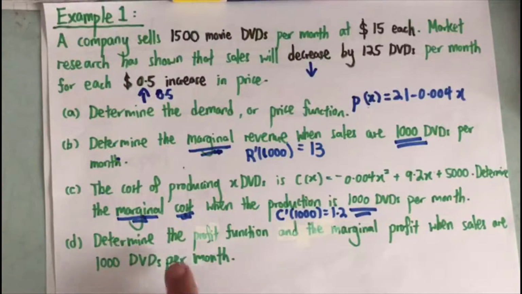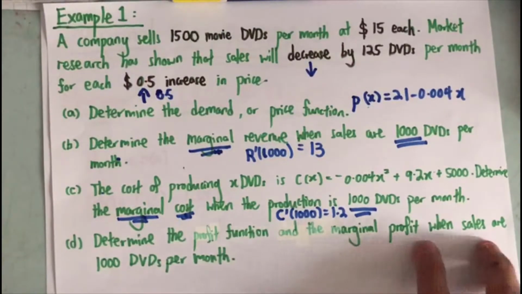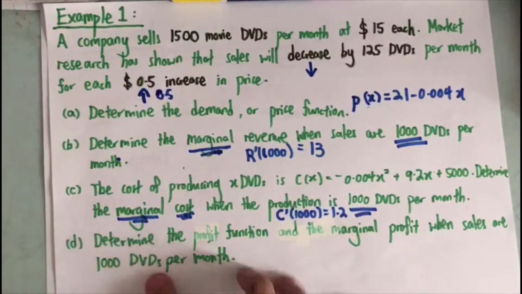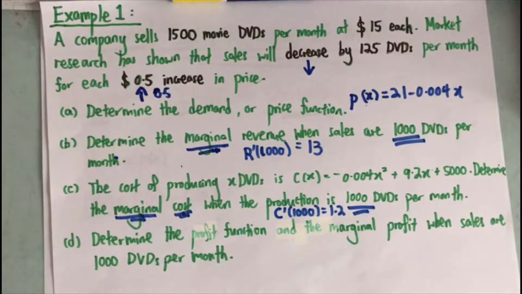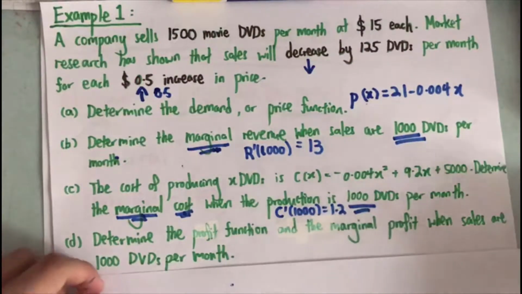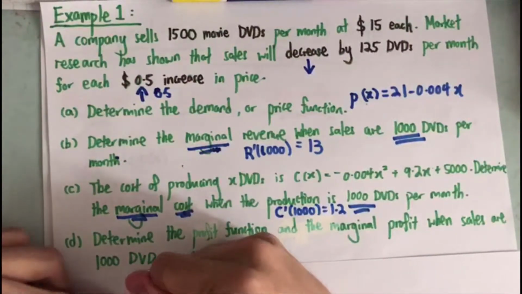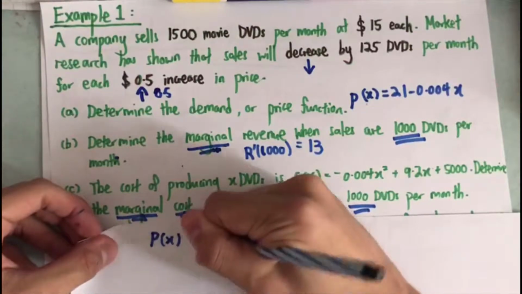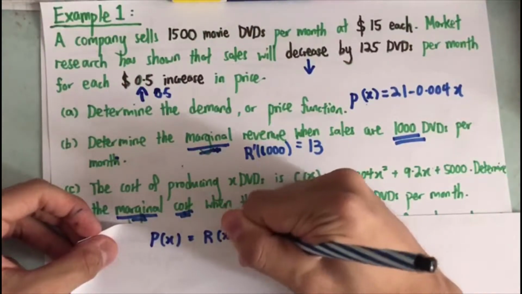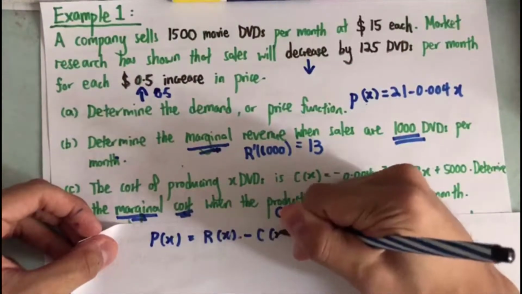Last, determine the profit function and the marginal profit when sales are 1,000 DVDs per month. So now, we don't know the profit function yet. Therefore, we have to find it first. We know that profit is equal to revenue minus cost.